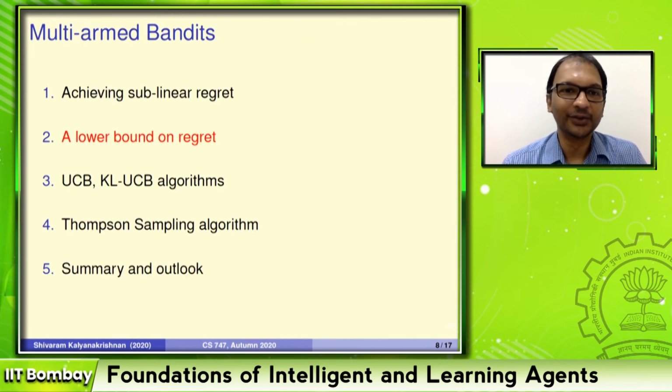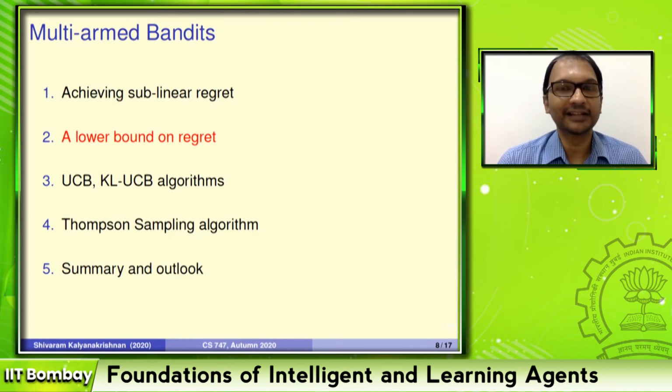Good. So I hope you have built some familiarity with the notion of achieving sublinear regret. Next comes the question for us. Sublinear is good. Now we know that we have algorithms that do achieve sublinear regret, but sublinear means so many things. Square root of t is sublinear, log t is sublinear.